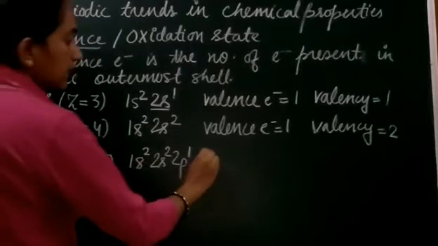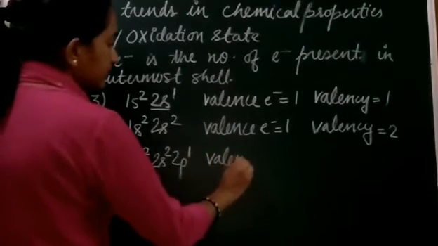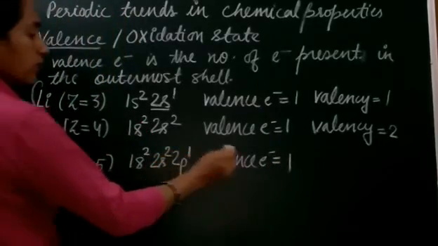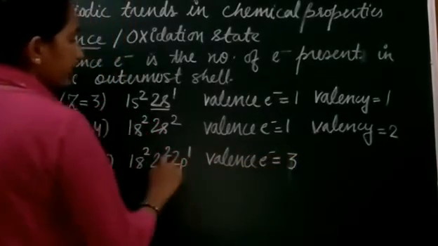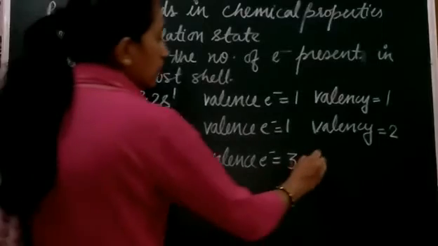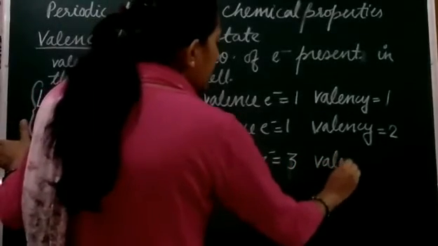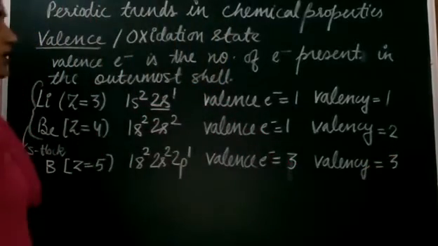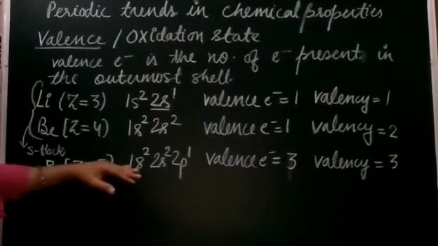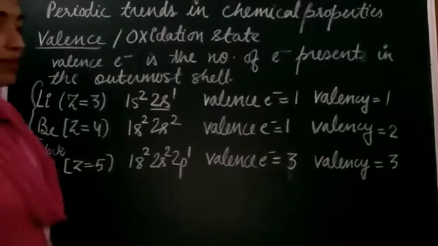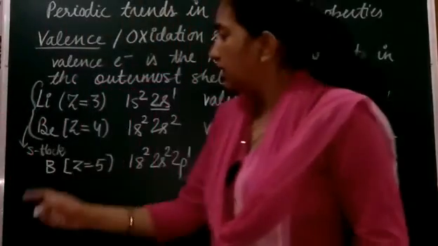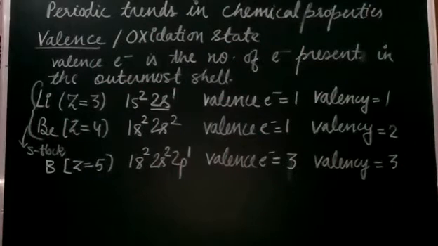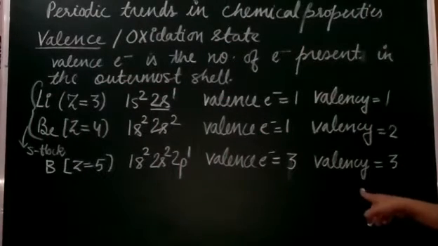Now students, here the valence electron is, 2s2, 2p1, it is 3 here. 2 plus 1, 3. So here simply, the valency or the valence will be 3, right? Boron also belongs to the representative elements, p block elements, right? So it has the valency of 3.